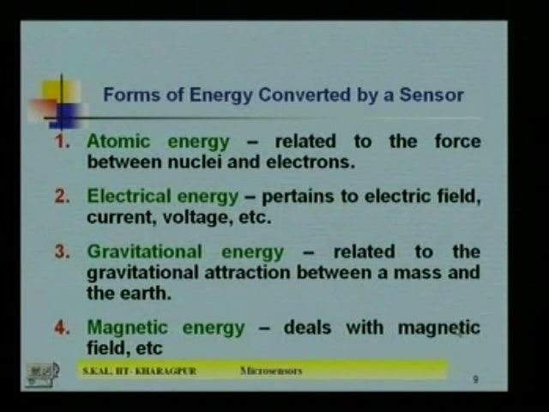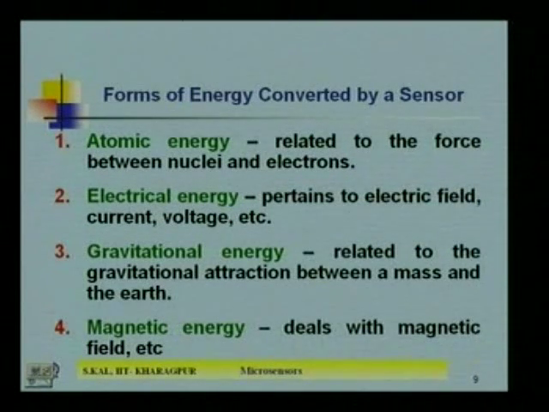Now, what are the different forms of energy converted by sensor? Those forms of energy are many. One is atomic energy, electrical energy, gravitational energy, magnetic energy and so on. So, atomic energy relates the force between nuclei and electrons.